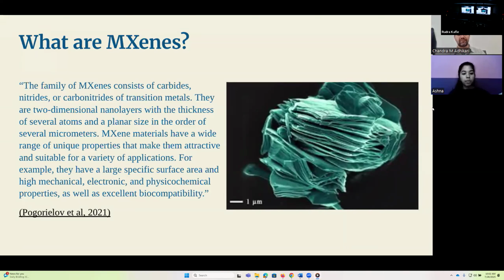For example, they have a large specific surface area and high mechanical, electronic, and physicochemical properties, as well as excellent biocompatibility. The diagram on the right shows an image of the structure of a MXene, and we got our information from the source listed at the bottom.